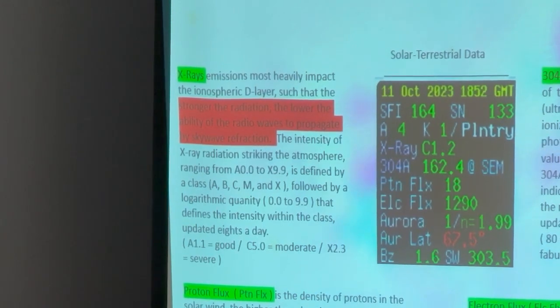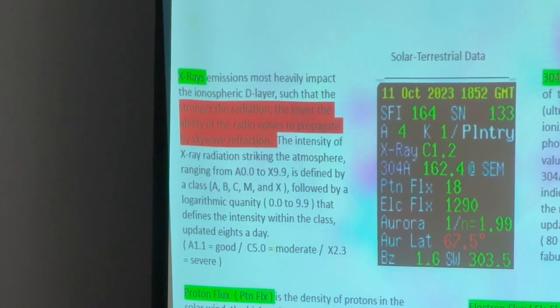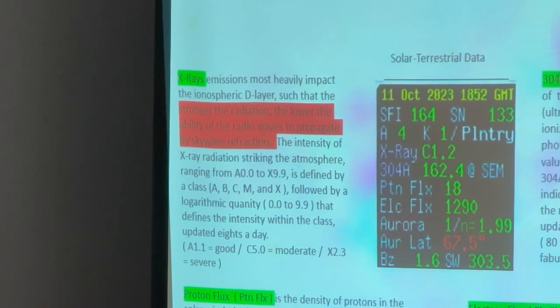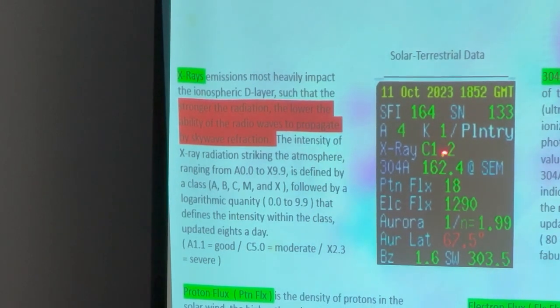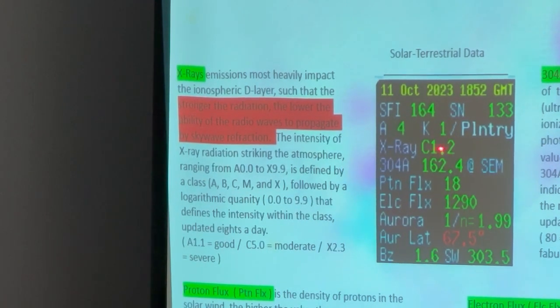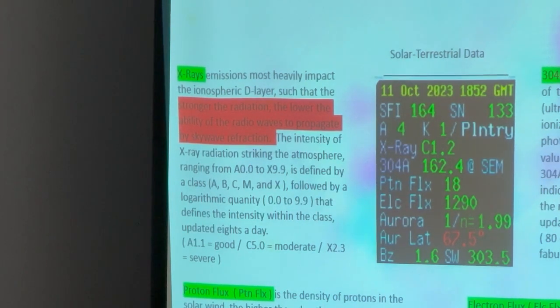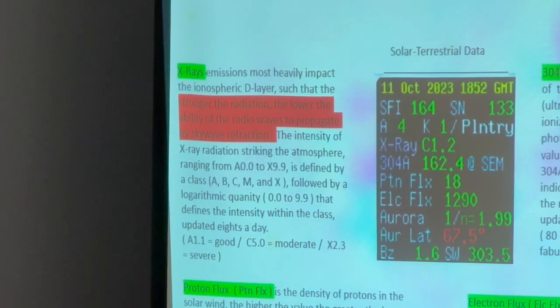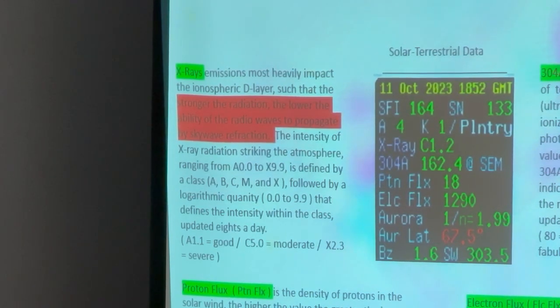They break it down into classes, A, B, C, M, and X. This particular one, we have a C category here, and the number following that, 1.2, is a logarithmic reading of how, in that particular class, these X-rays are damaging the D layer.